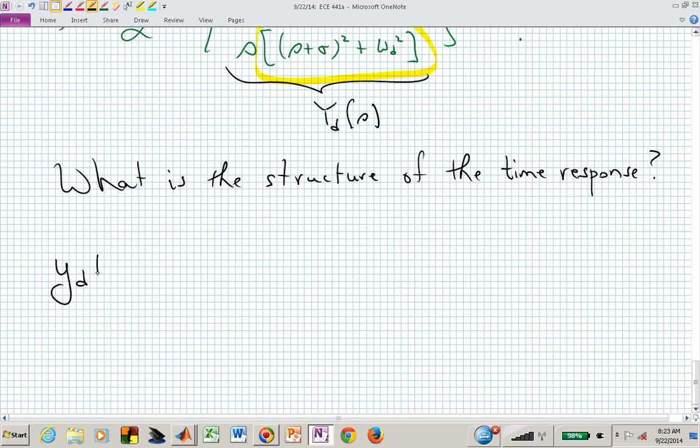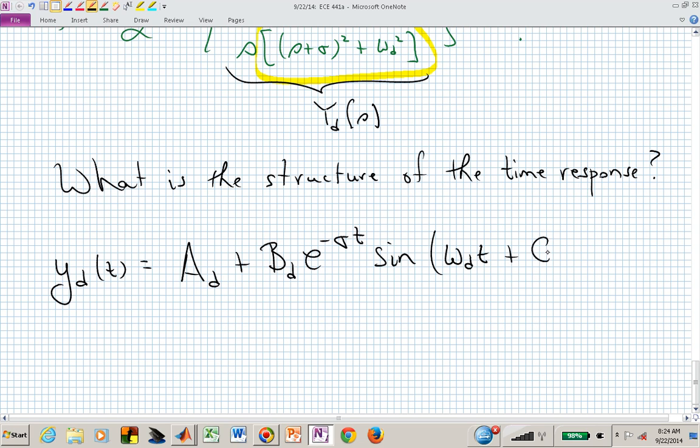You now can say in general that y sub d of t is some constant a sub d plus b sub d e to the minus sigma t. I'm going to pick the sign because that's what we're going to be using throughout. Omega sub d, that's the same vertical distance or the imaginary part of your poles. The sigma was the real part.